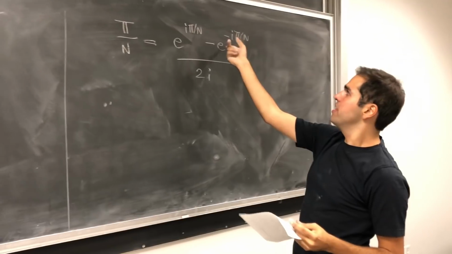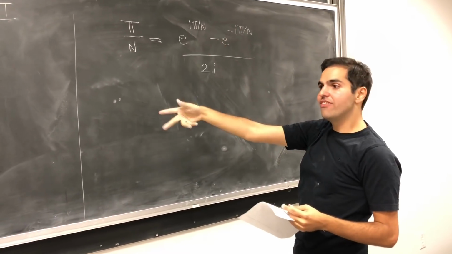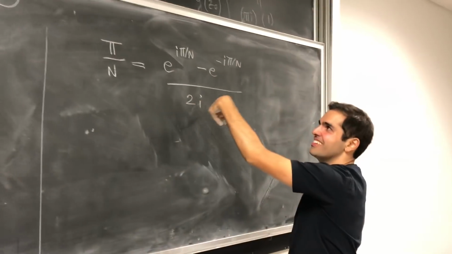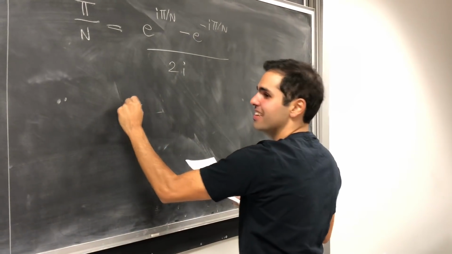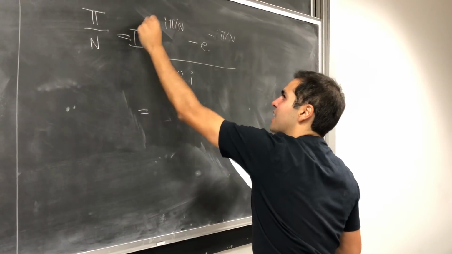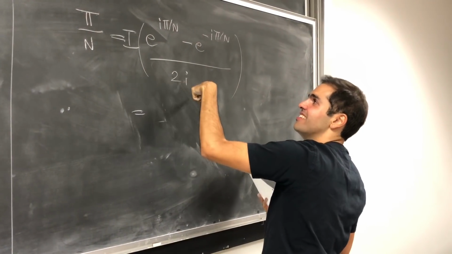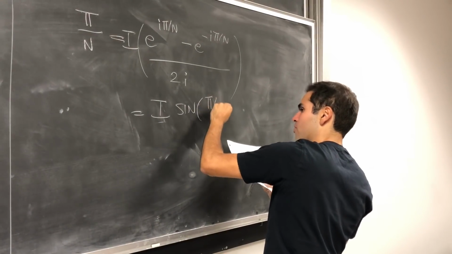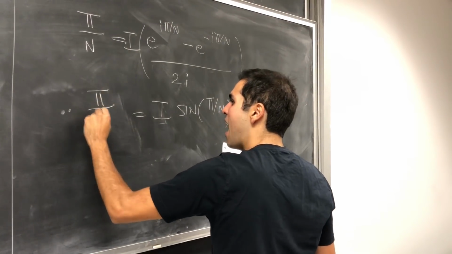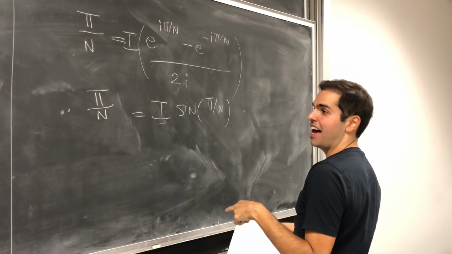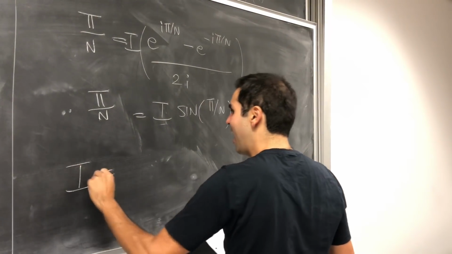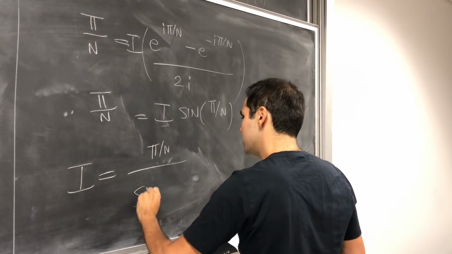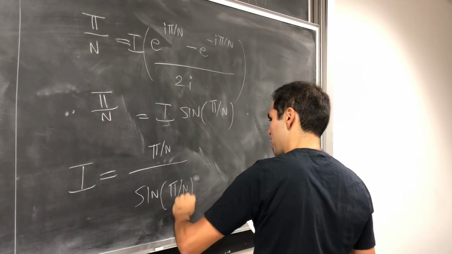And again, the two things are reversed because we divided by minus 2i. But in case you know complex analysis, you might recognize this as sine of pi over n. So what do you get? Pi over n is I times sine of pi over n. So I equals pi over n over sine of pi over n.